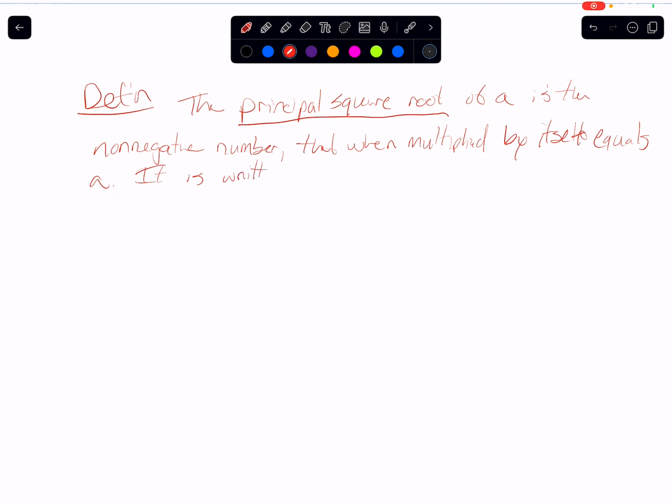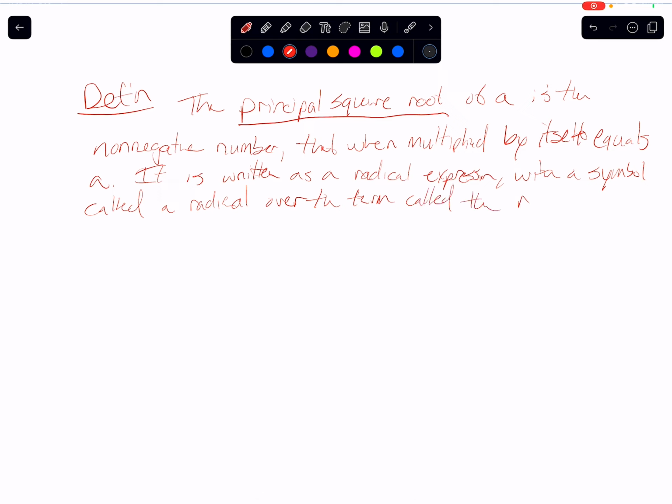It is written as a radical expression with a symbol called a radical over the term called the radicand.